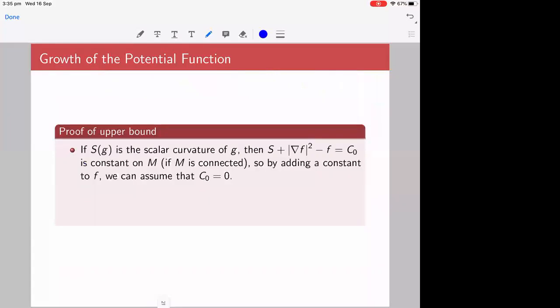All right, upper bound. It turns out that proving that f is controlled by something with quadratic growth is much easier than proving the lower bound. So let's start with the upper bound. First and foremost, an integral. It turns out that if you've got a gradient shrinking Ricci soliton, again, without loss of generality, assume that lambda is 1, then we actually get an integral.